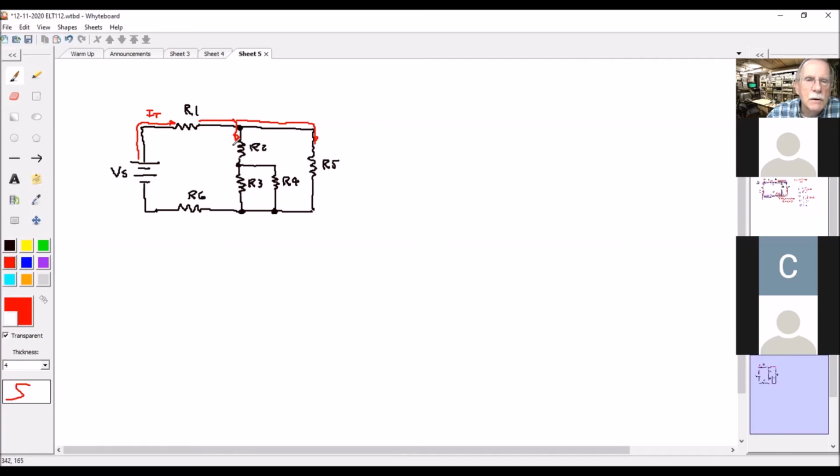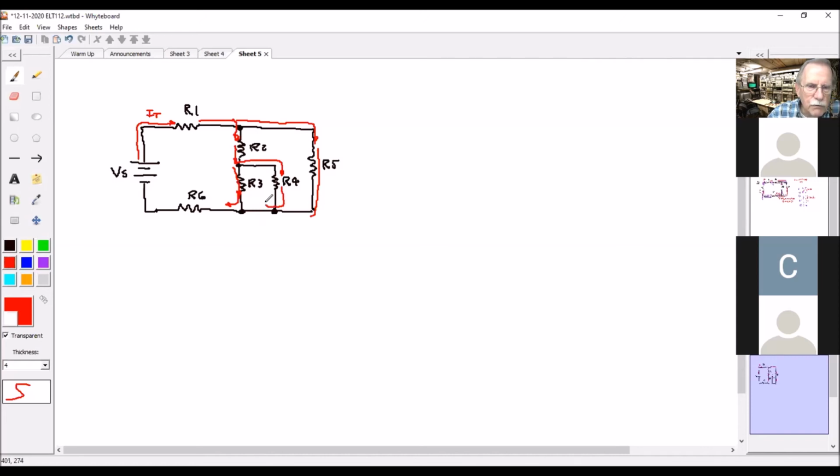Let's take a look at this current. Current goes to here. What happens when it gets to here? It splits to R3 and R4. So we know that R2 is not in series with R3 and it's not in series with R4. The current that comes out of R3 goes over to here.